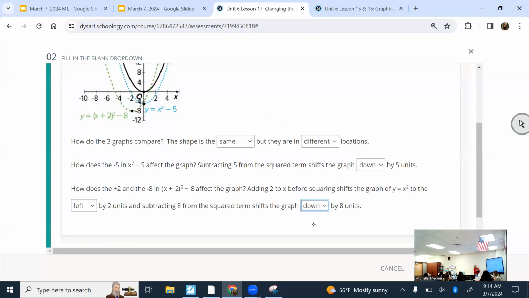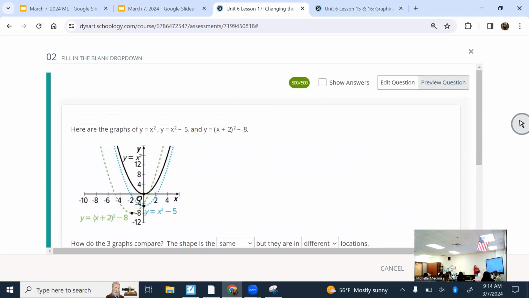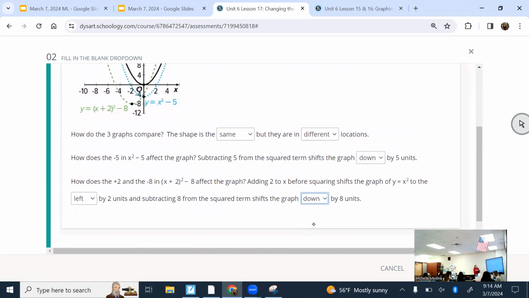Down. Let's see if that's right, and it is. But does that make sense? When in doubt, on your test, just like we did in the lesson, you could play around with the numbers to see how plussing it in the parentheses moves it left or right, and then you can make a better determination on your test.